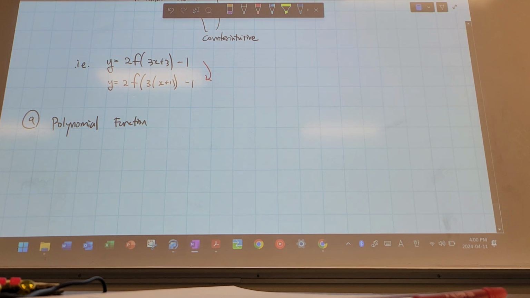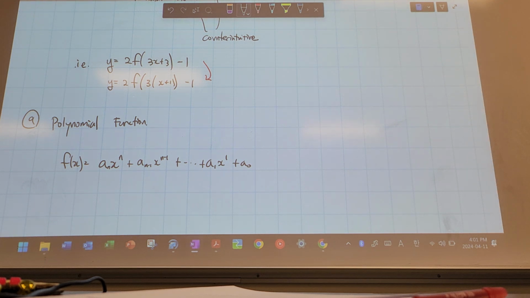So the first thing that we should know is that, let's say we have a case of f of x equal to a_n x to the power of n plus a_(n-1) x to the power of n minus 1 plus and so on, plus a_1 x to the power of 1 plus a_0. So this is the usual shape of a polynomial function, where all the powers are just natural numbers.